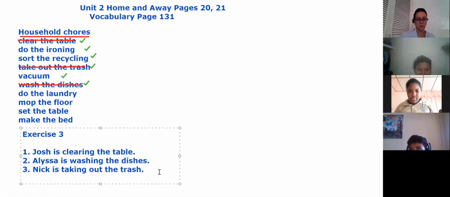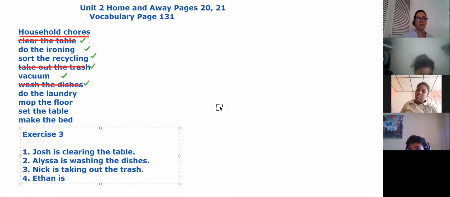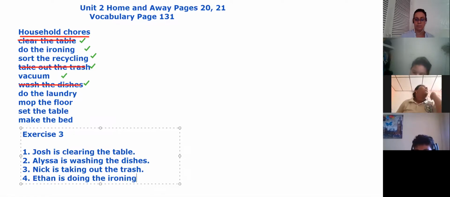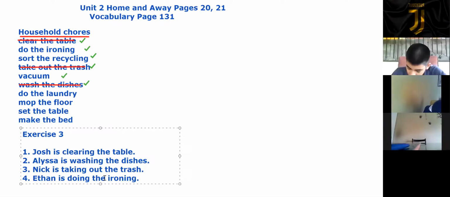The next sentence, 4. Ethan is. Okay, we have 1, 2, 3 options. So Ethan is doing the ironing. Doing the ironing. So you have to see what that means.